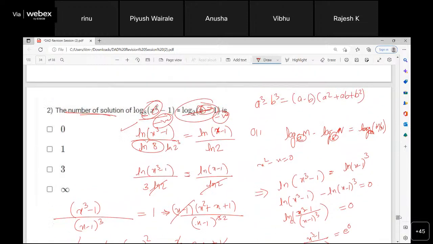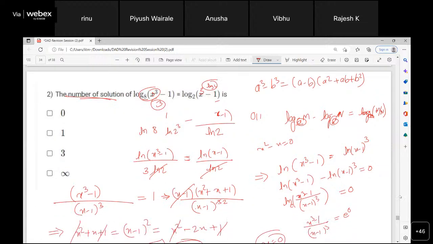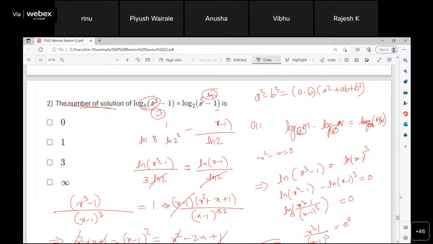Yes. I tried substituting 3. It seems to work. If you put 3 here, I will get log of 2, that is 1, right? Yes. For 3 it is getting satisfied. Correct. But our calculation is something wrong.